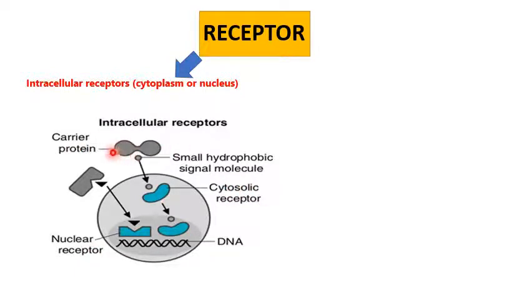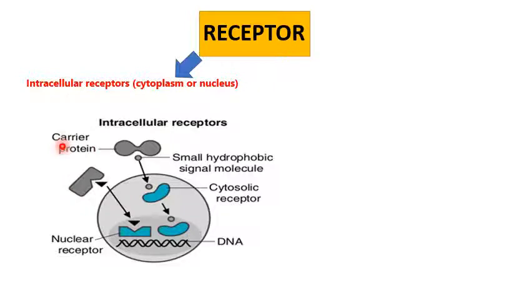The carrier protein which is being accepted by these receptors enters into the cytoplasm of the cell. Here you can see a receptor which binds this protein, which is having a receptor for this protein. It binds and the further process is carried out.